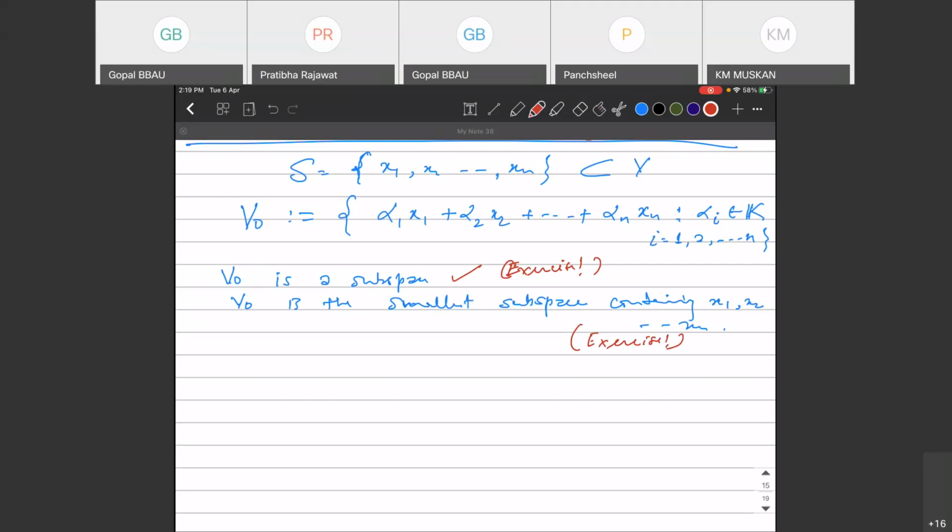So if you see this carefully, what we are doing for defining V naught, we are adding all scalar multiples of the xi's. See here, this is the sum of scalar multiples of x1, x2, ..., xn.